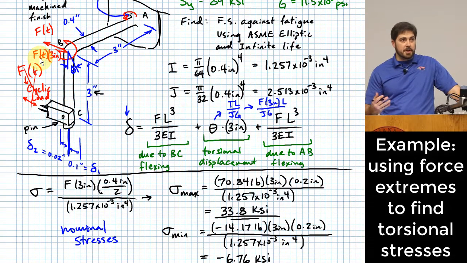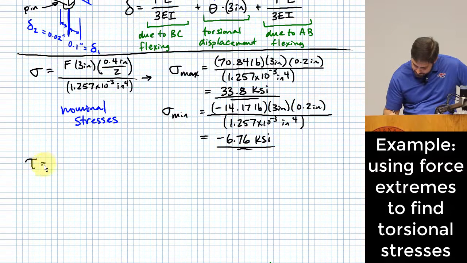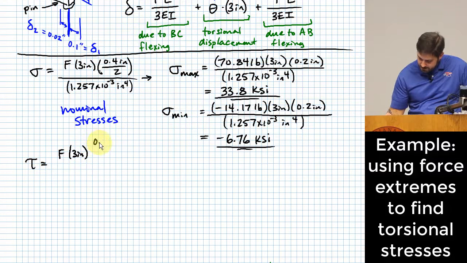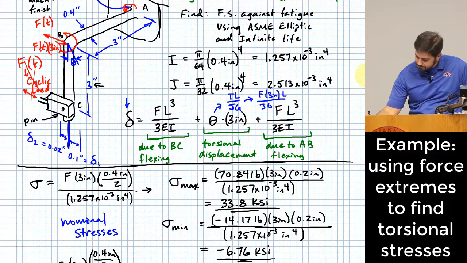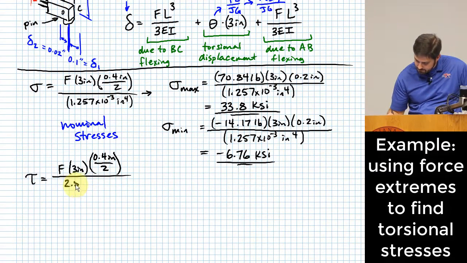The equation itself that we're going to be using here is TC over J, where T is F times 3 inches. What is C? Again, 0.4 inches over 2. J, we found earlier, 2.513 times 10 to the minus third inches to the fourth.